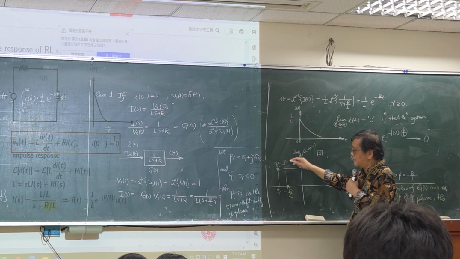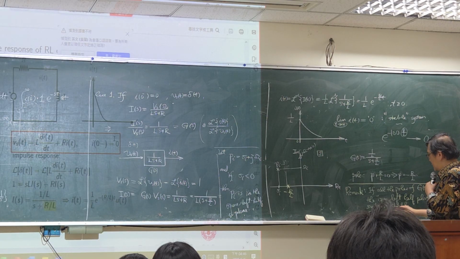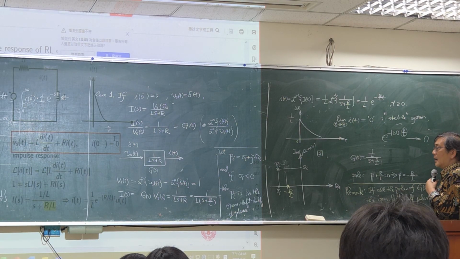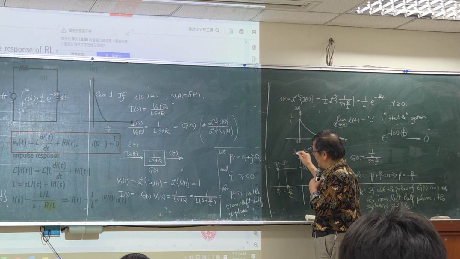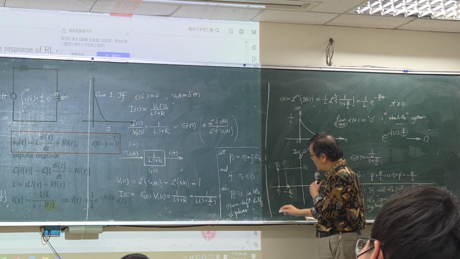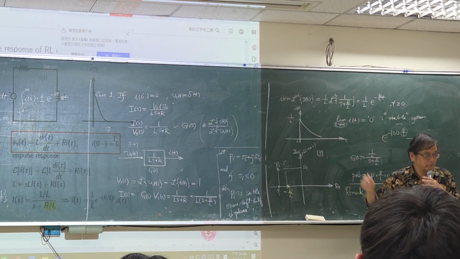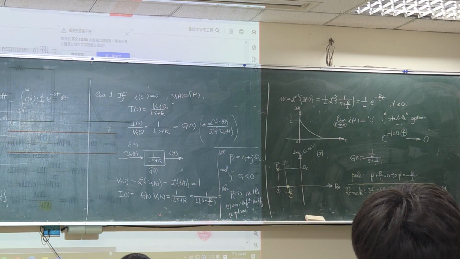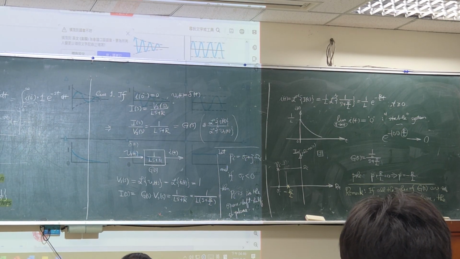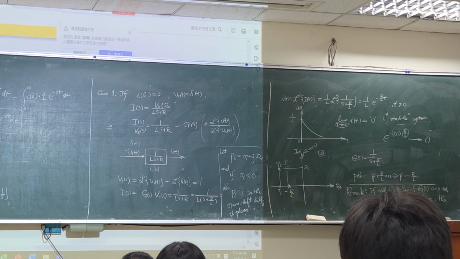Then this is a stable pole, and the system is stable. We call this a stable pole. And last time I showed you a figure: for different locations of the pole, the time response will be different. Now let me show you the time response of different locations of the pole again.